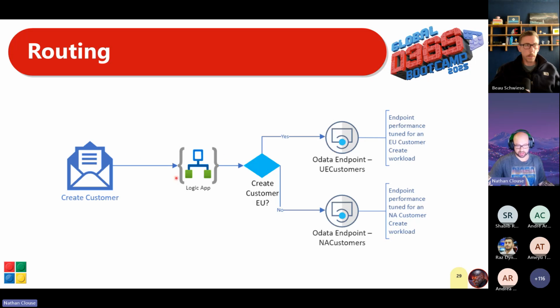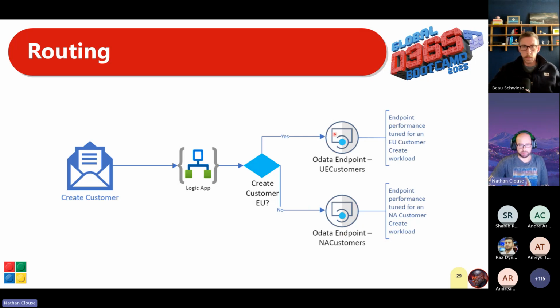It doesn't matter what it is. It goes into our logic app, and our logic app looks at the message and says, am I creating a customer in the EU? If yes, then I have to use my EU customers endpoint. And if it's not, I'm just going to assume it's in North America because there's no other type of customers that this organization may have. And send it to our North America customers endpoint.